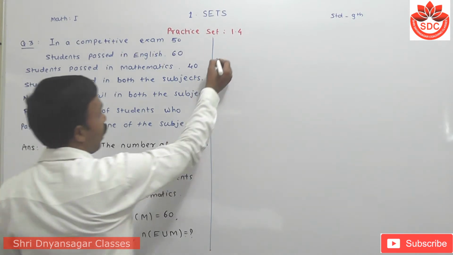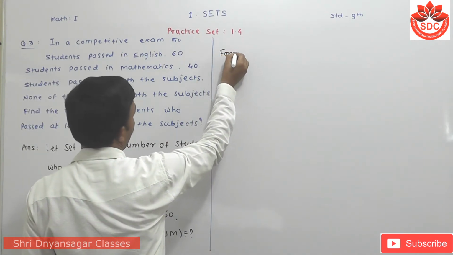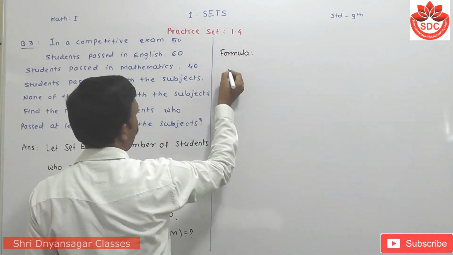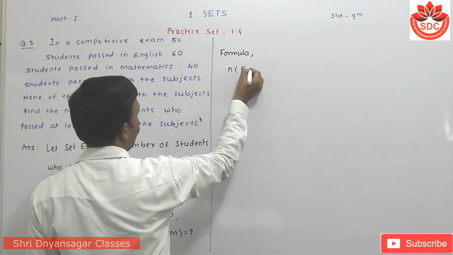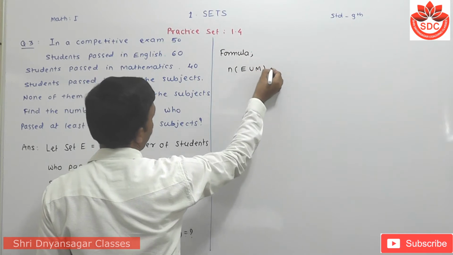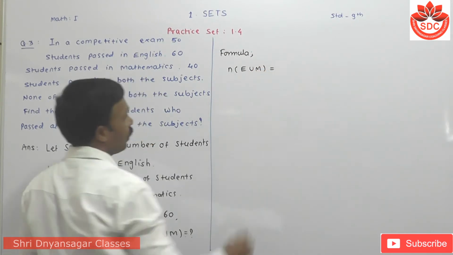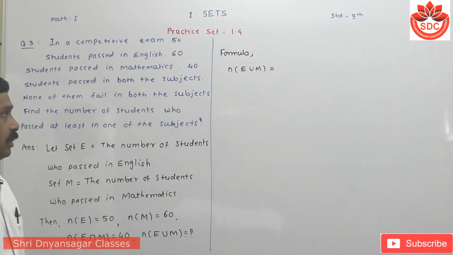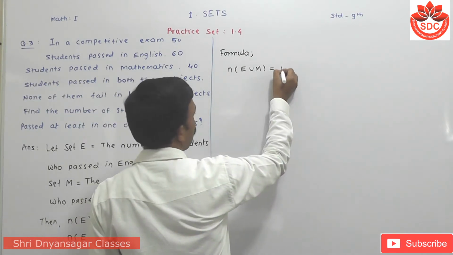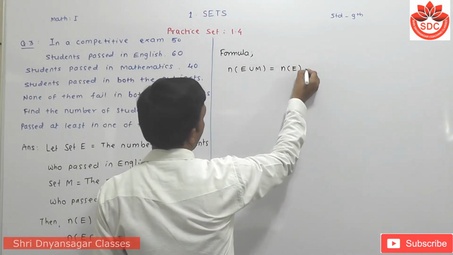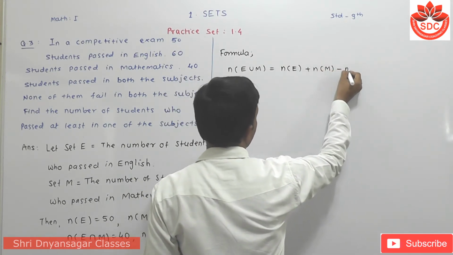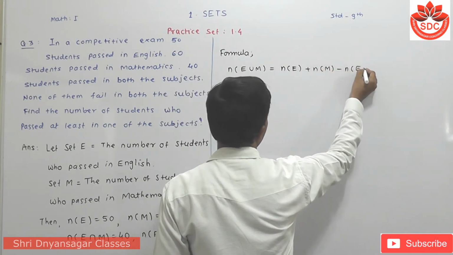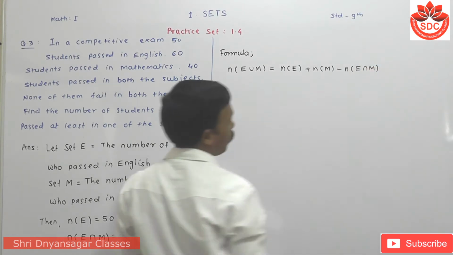We know that the formula is n(E ∪ M), means that English and mathematics subjects' union, is equal to n(E) plus n(M) minus n(E ∩ M).